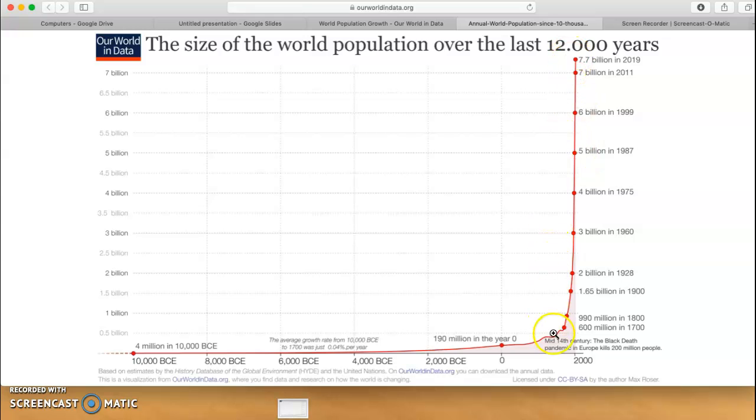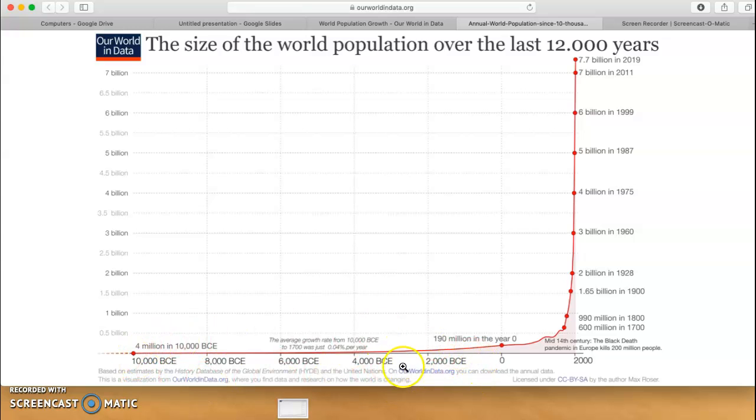And now we're at about 7.7 billion people in 2019. Like, wow. So the Earth kind of started out with very little people. Definitely, we can infer that something happened here.